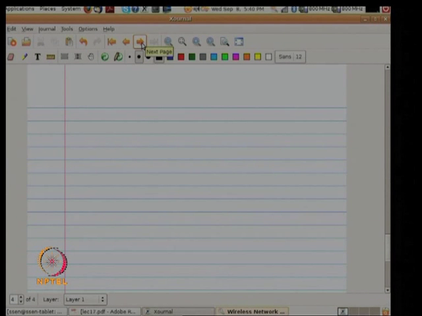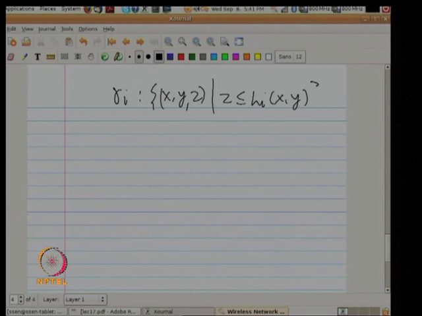So, if I define gamma I, it is basically the half space lying below the plane h I. So, here was your, let us say h I, then the region lying below it, that is gamma I. Okay.